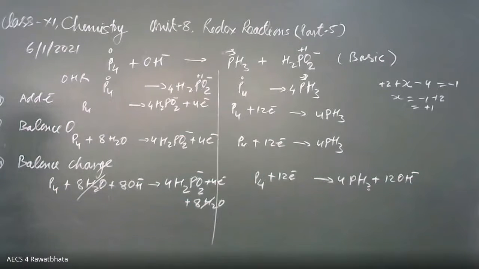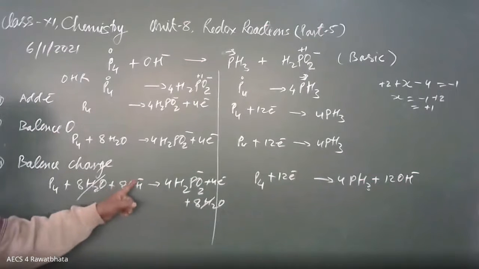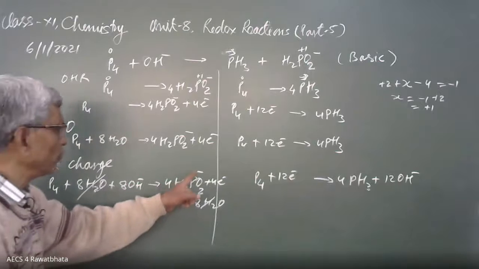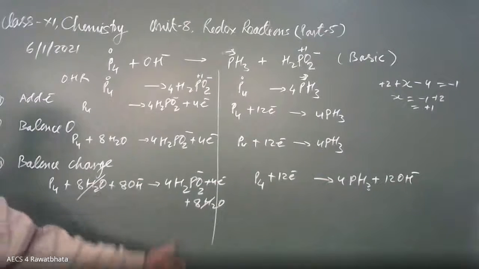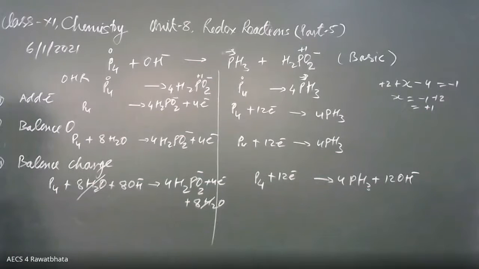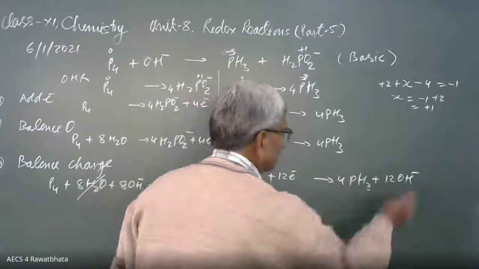So once again, see the oxygen: 8 oxygen, and on this side 8 oxygen. Charge: 8 negative, and on this side 4 negative and 4 negative, 8 negative. Balanced. See that H2O we have added once, and here it is cancelled. And here on this side 12 OH minus.